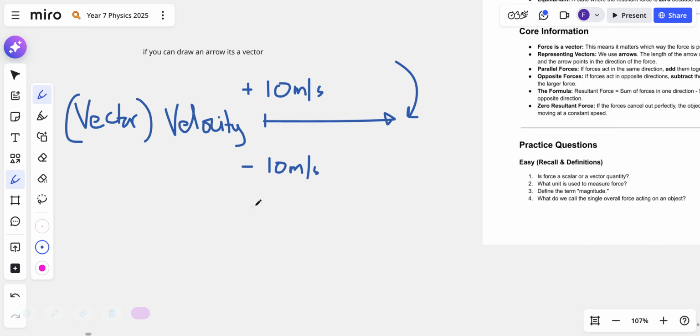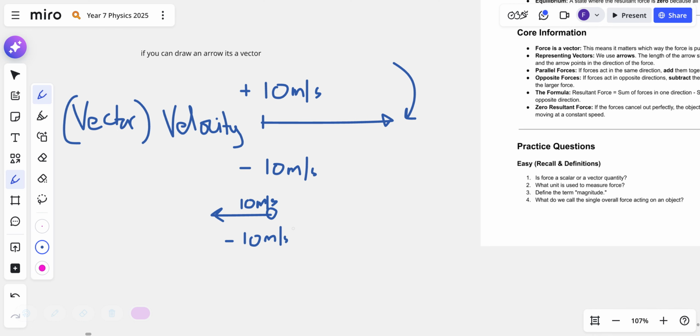I will draw anything as a ball, easy to draw a circle, and I will be moving to the left at 10 meters per second. My speed is 10 meters per second. My direction is to the left. So my velocity will be minus 10 meters per second. Right. Okie dokie. So we're drawing.